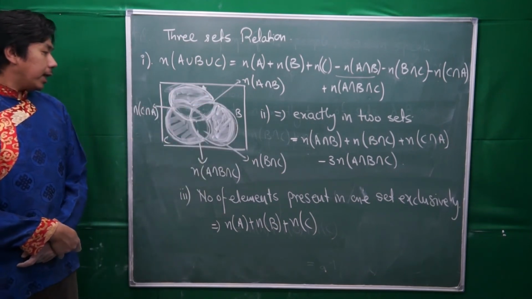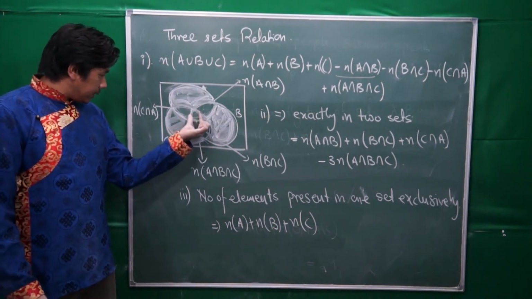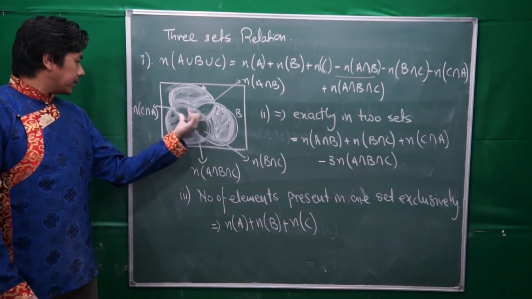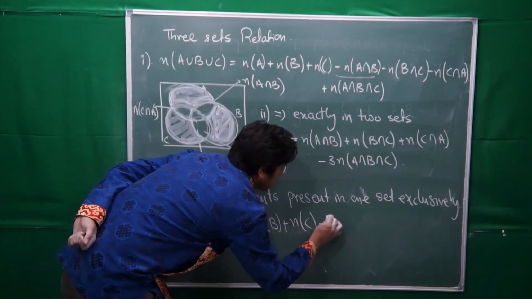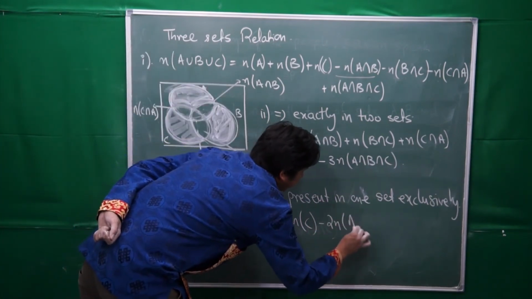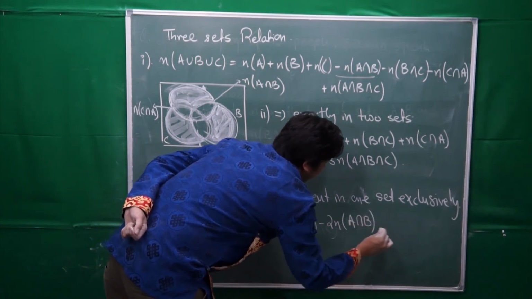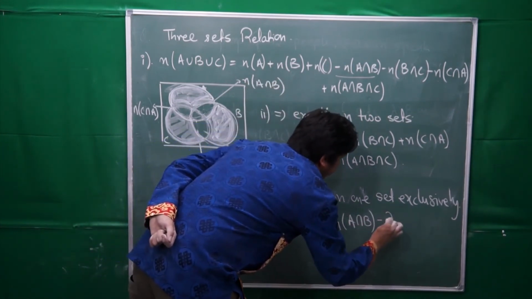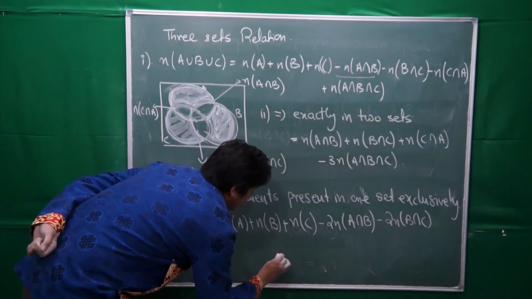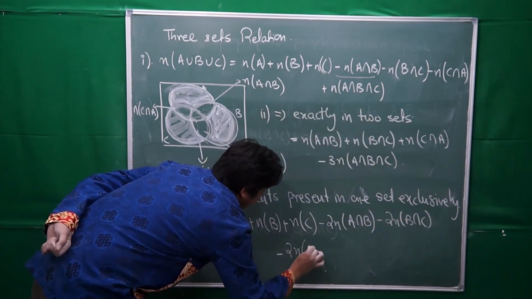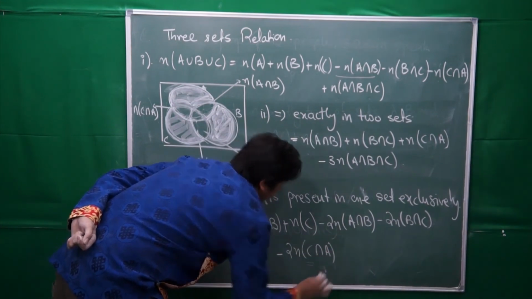Okay. So while adding this whole part, what is happening? This part is getting added twice, twice, and twice. So we will remove this: minus 2 times number of A intersection B, minus 2 times B intersection C, minus 2 times C intersection A, okay.